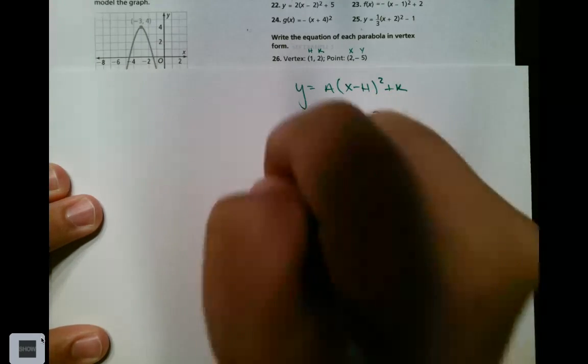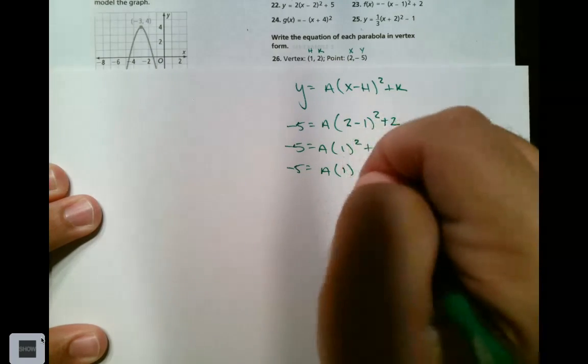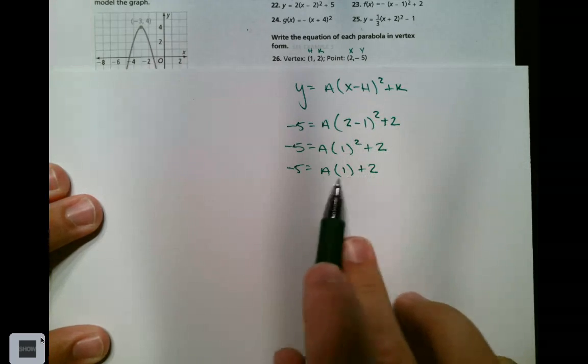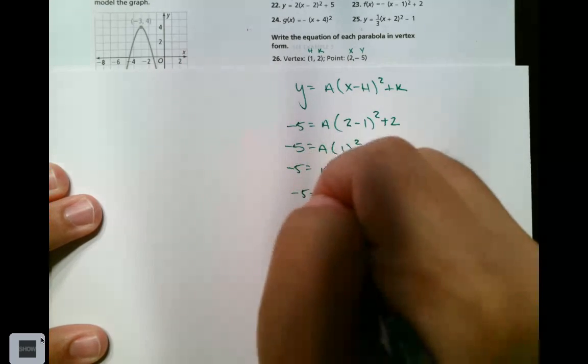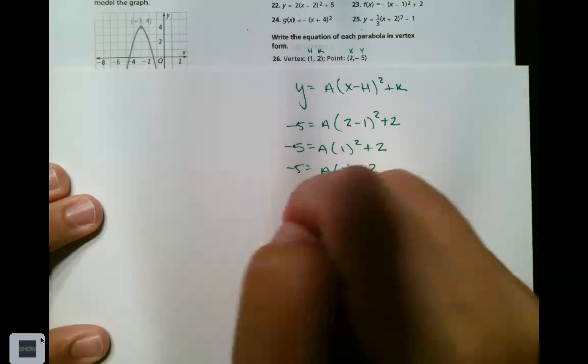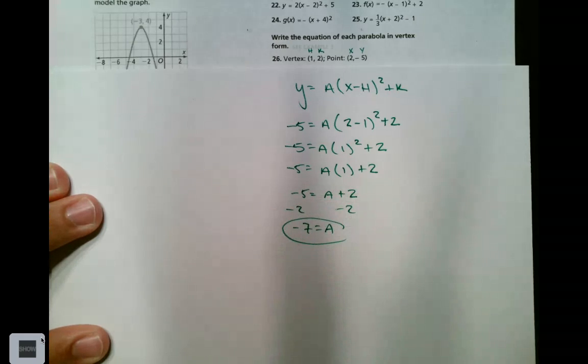Then I do exponents next. So 1 squared is 1. I could simplify this a little bit. Instead of a times 1, that's the same thing as a. And now I can just solve for a. Subtract 2 from both sides. So I get a equals -7.